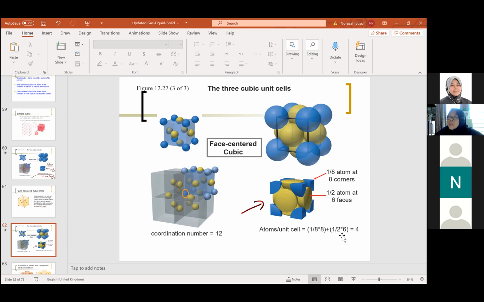The contribution of atoms comes from 8 corners, 1/8 each, which contribute 1 atom, and half an atom at 6 faces, so 3 atoms. In the end you get 4 atoms per unit cell for face-centered cubic.